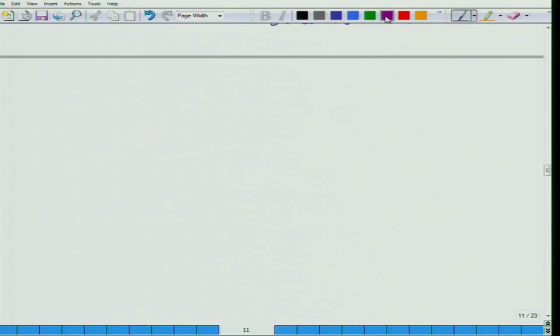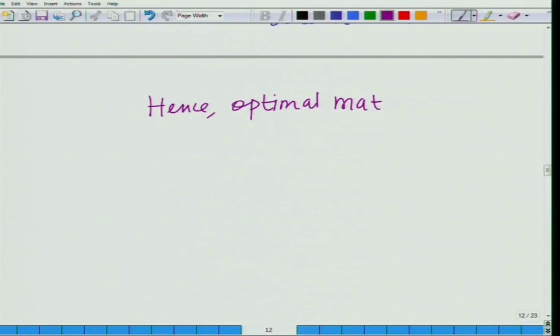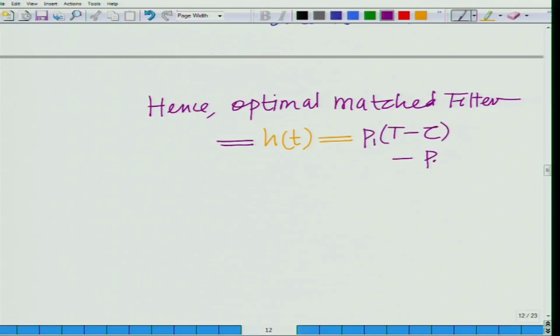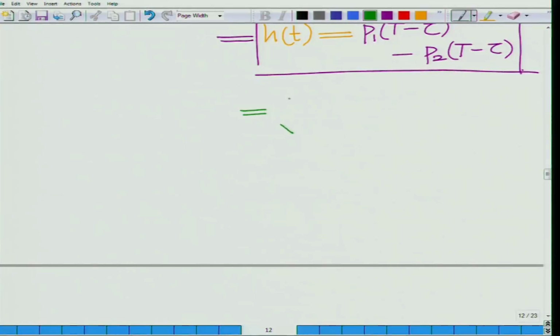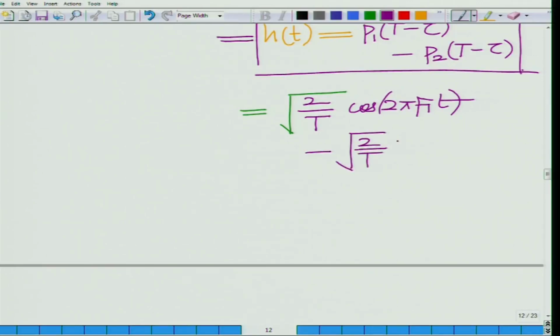Hence, the optimal matched filter is simply h t equals p 1 t minus tau minus p 2 t minus tau, which is basically square root of 2 over T cosine 2 pi f1 t minus square root of 2 over T cosine 2 pi f2 t.